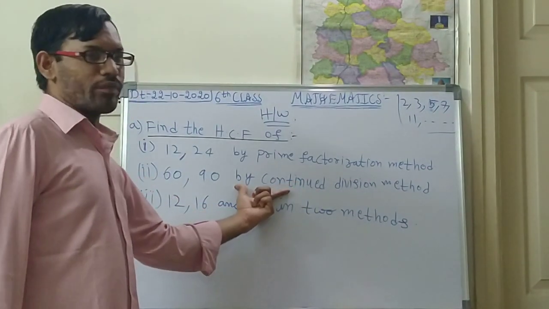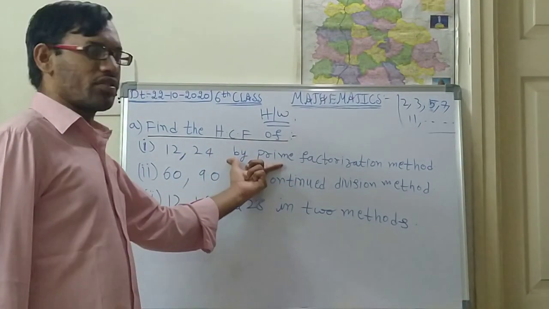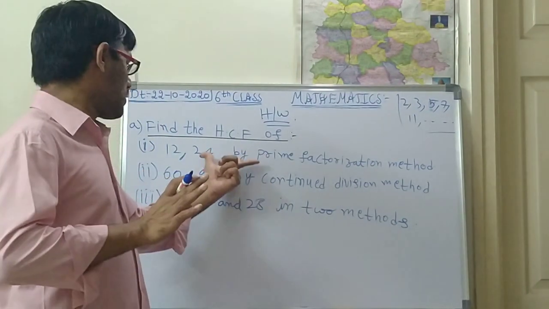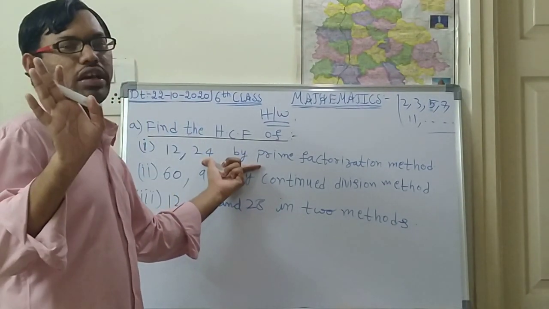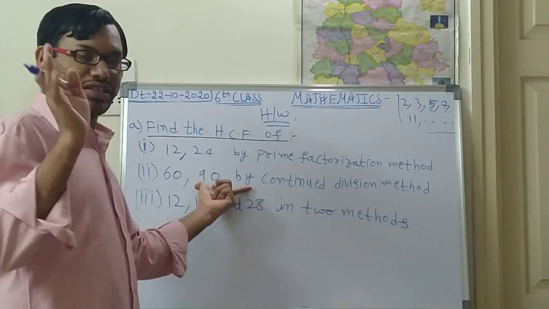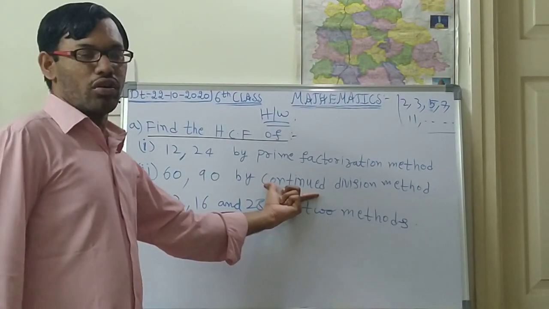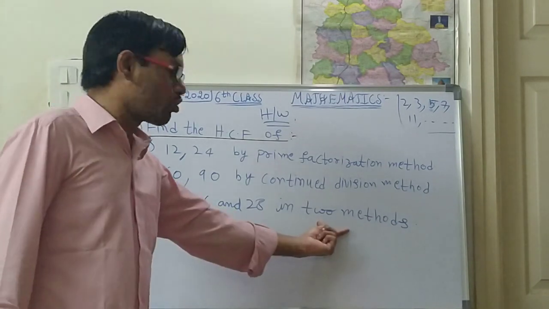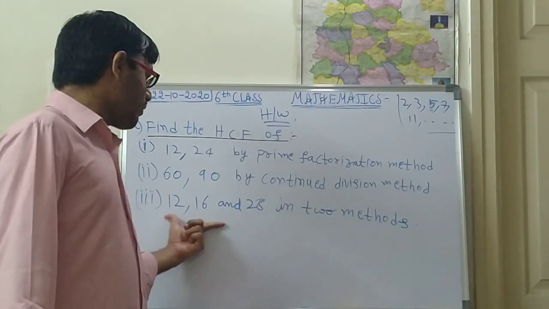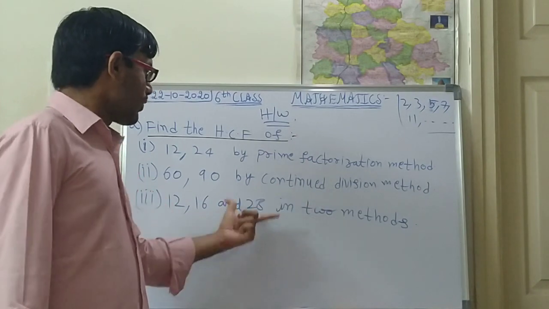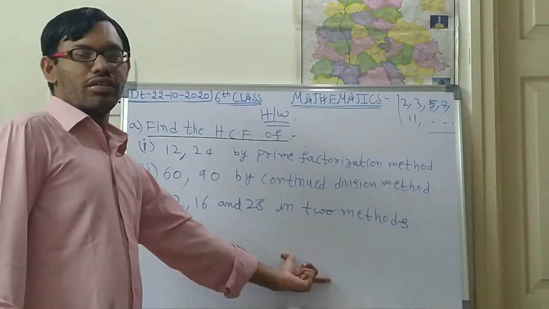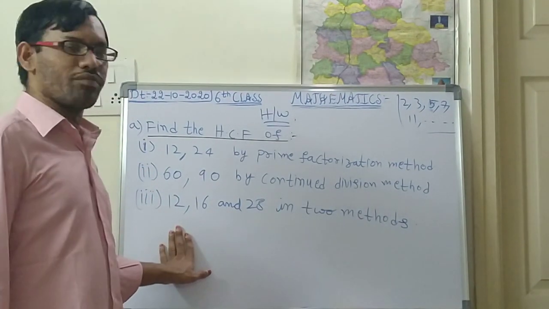First problem with the first method only, second problem with the second method only, division method. Next, third problem: 12, 16 and 28 in the two methods. So first prime factorization method and second continuous division method. So like this you are supposed to do.